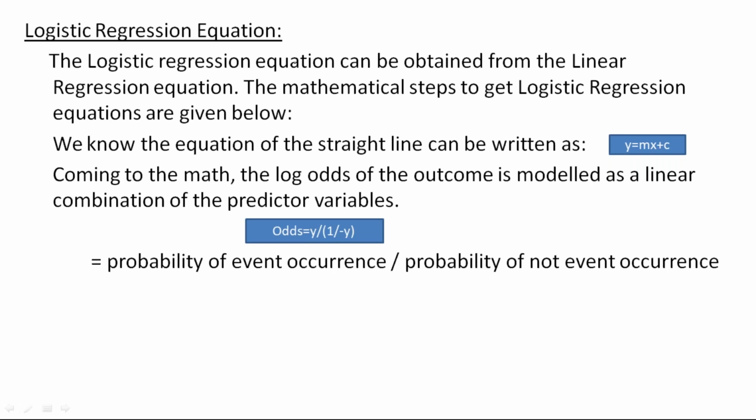So taking the linear regression equation into consideration, we can derive the mathematical steps for logistic regression also. Its scenario is very simple, right? We know that in our linear equation, whenever we take some line, we can draw some equation like y is equal to mx plus c.